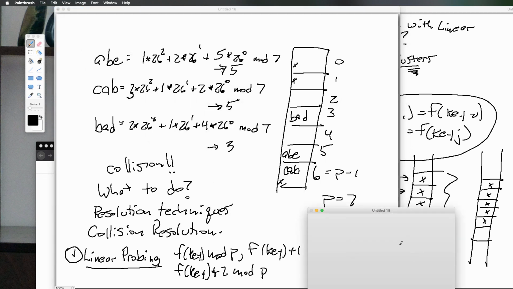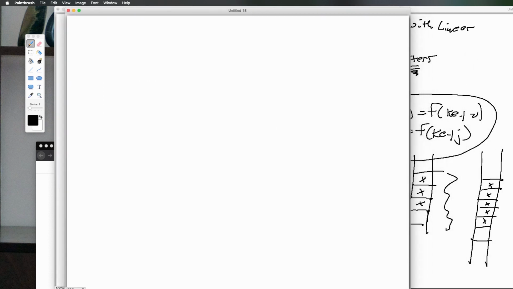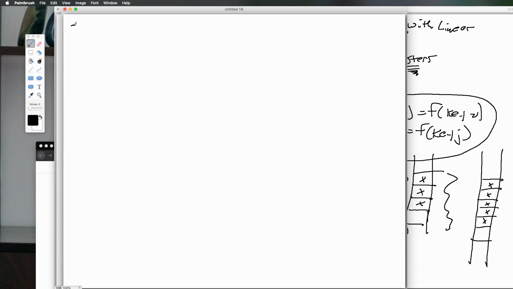the next thing that we talk about is something that's called quadratic probing. And the idea of quadratic probing just says the following.